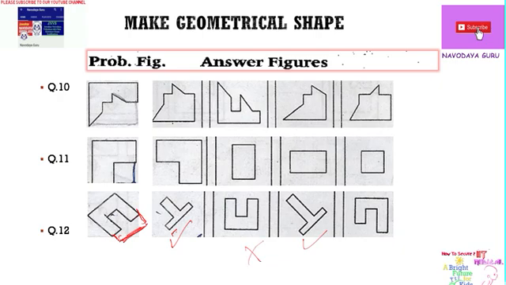Option 2 and 4 are absolutely different. When we see closely, when we compare this part and this part of the missing portion, we can see that option 1 is most likely to be the correct answer.